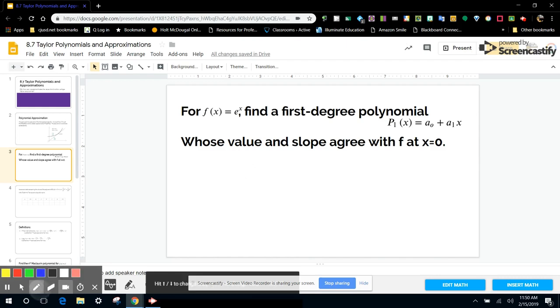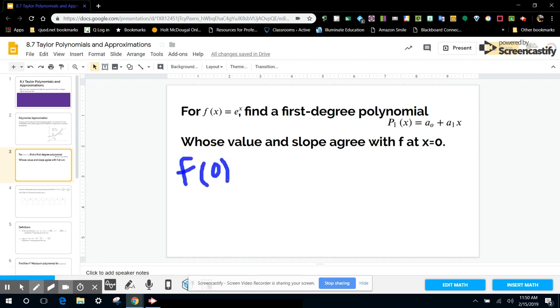All right. So f of 0 is e to the 0, which is 1. That means my polynomial, I need p1 of 0 to equal 1.